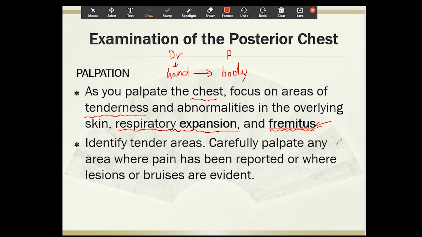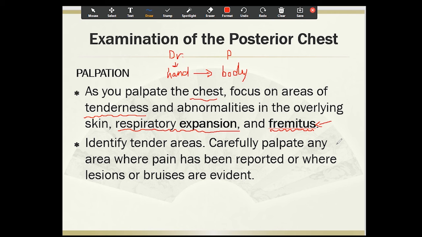If you try to speak, you can feel some vibrations in there. That's fremitus. Sound transmission makes your chest area vibrate a little bit, and then you can feel it.